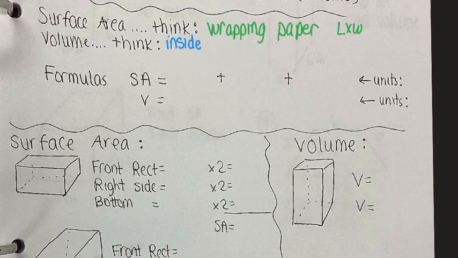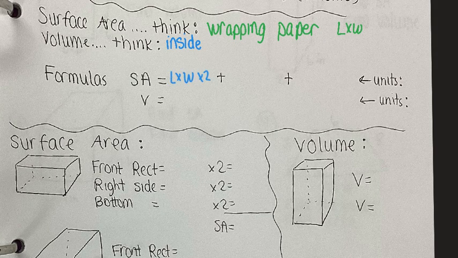Okay, let's talk about the formulas. Surface area is going to be the top and the bottom, length times width. They're going to match whatever the top and bottom are, so then we're just going to double it, multiply by 2. Then we've got a rectangle on the front, length times width, but there's a matchy-matchy on the back, so let's go times 2 again.